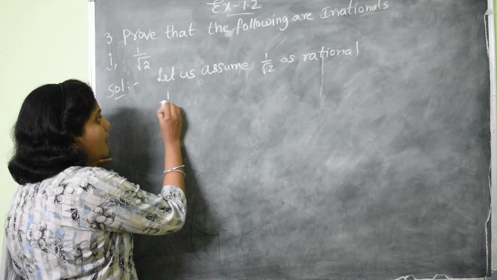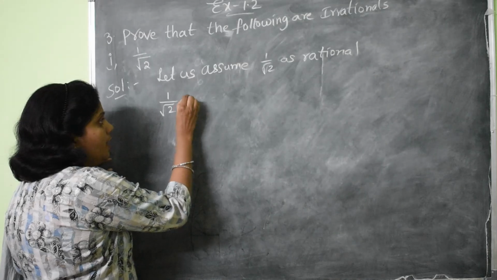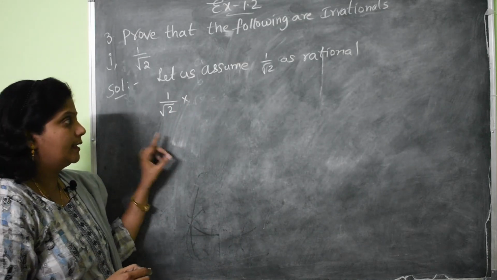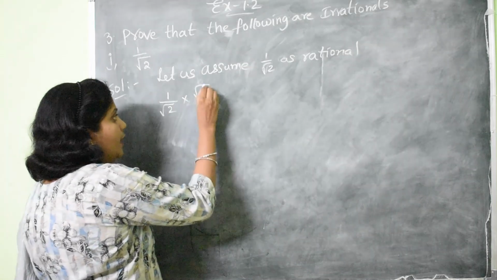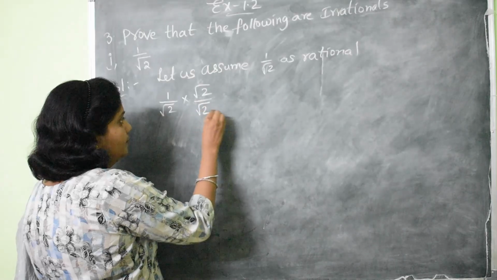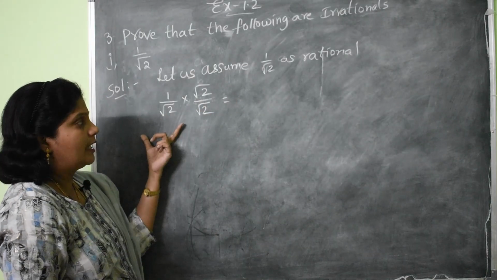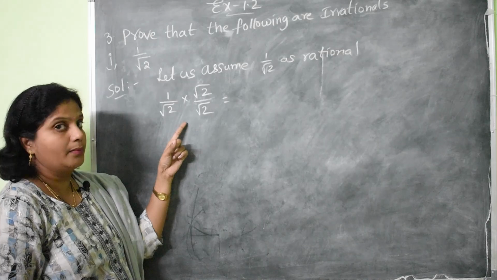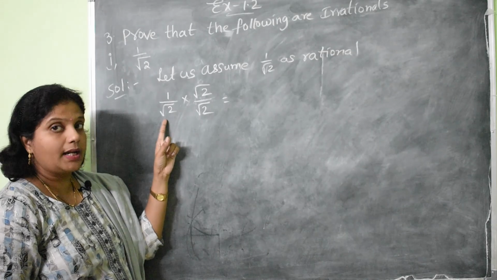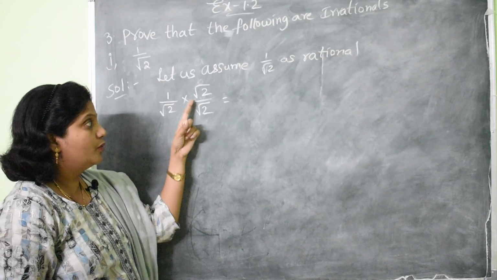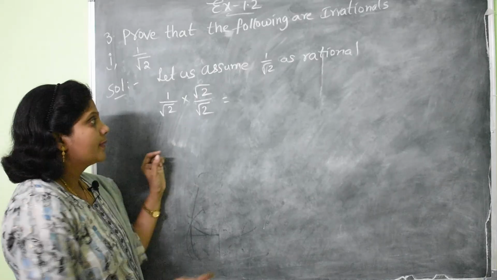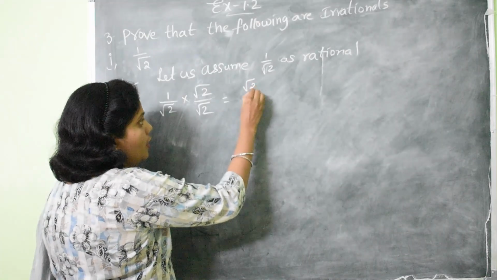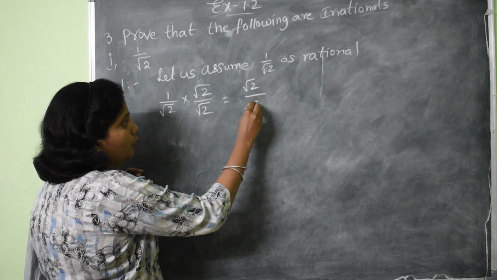So, let us rationalize this 1 by root 2 because the denominator should not contain the root terms. So, 1 by root 2 into root 2 by root 2. Rationalizing means multiplying with the same number in the numerator and denominator. What is meant by rationalizing? Multiplying the numerator and denominator with the same number. Then what happens? Root 2 by root 2 into root 2.